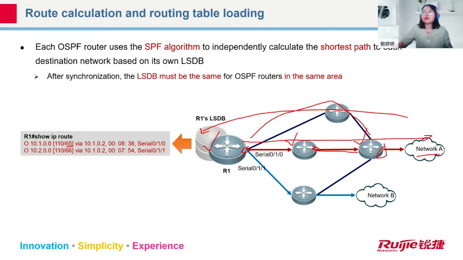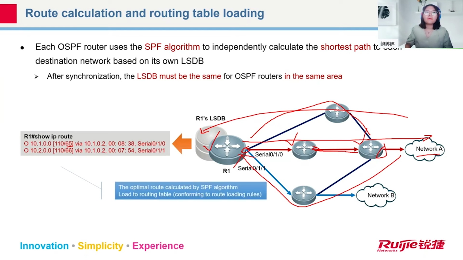But maybe you change the cost value. When the message replies to Router 1, we will select this path as the best path. So we can also see some load balancing because we use different traffic across different paths. So this is the calculation.